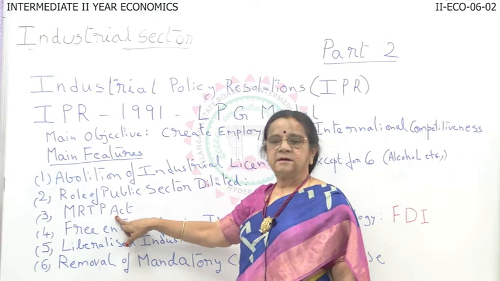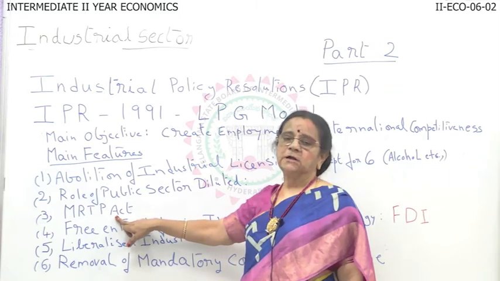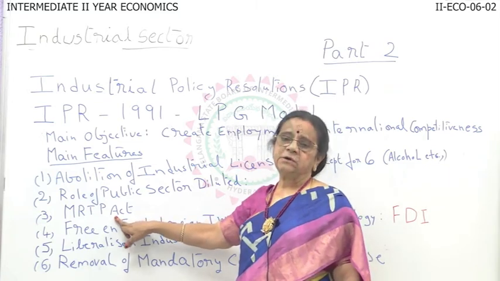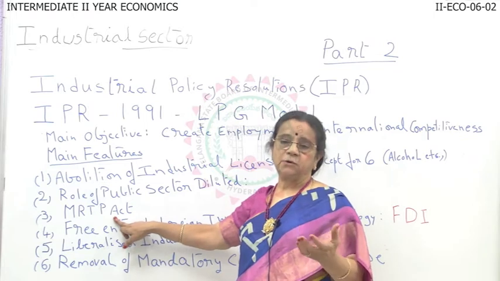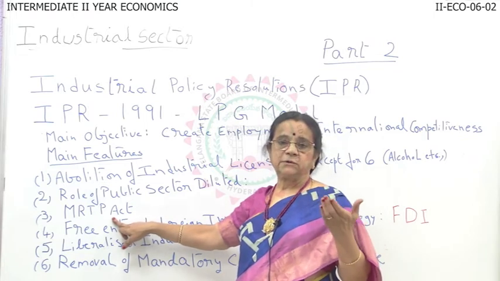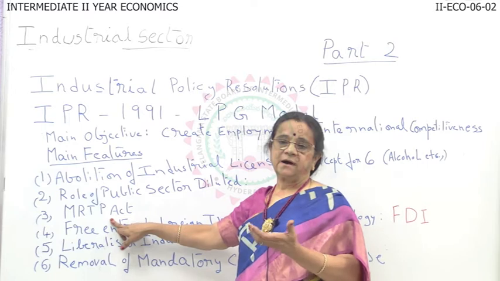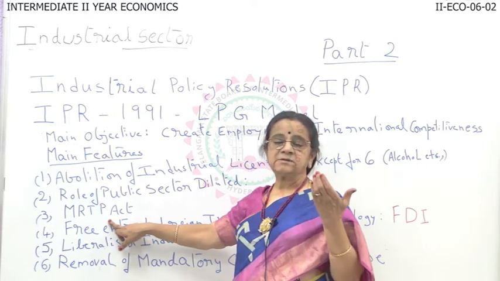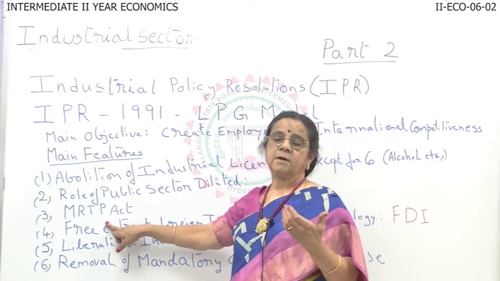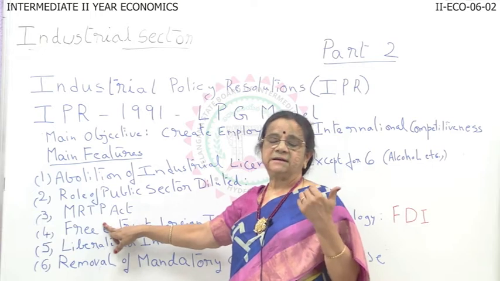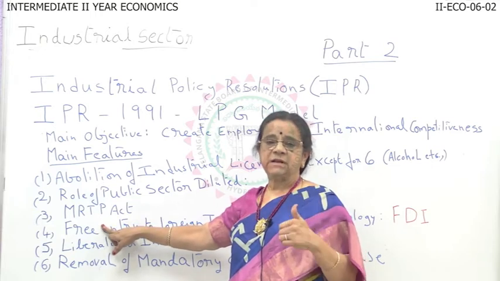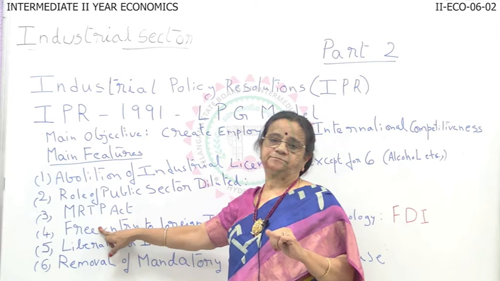And in the same point, the government mentioned that sick units, the units which are undergoing losses, would be referred to the BIFR. So, what is BIFR? Board for Industrial and Financial Reconstruction.